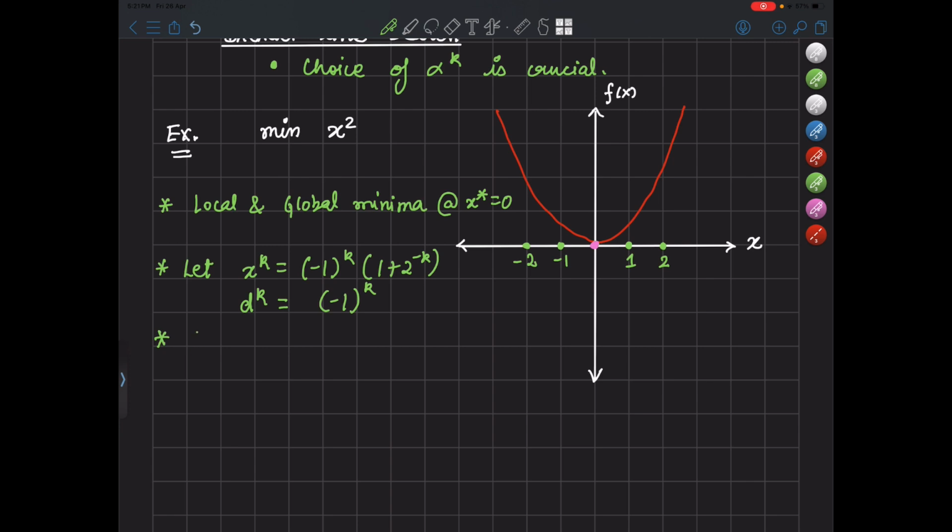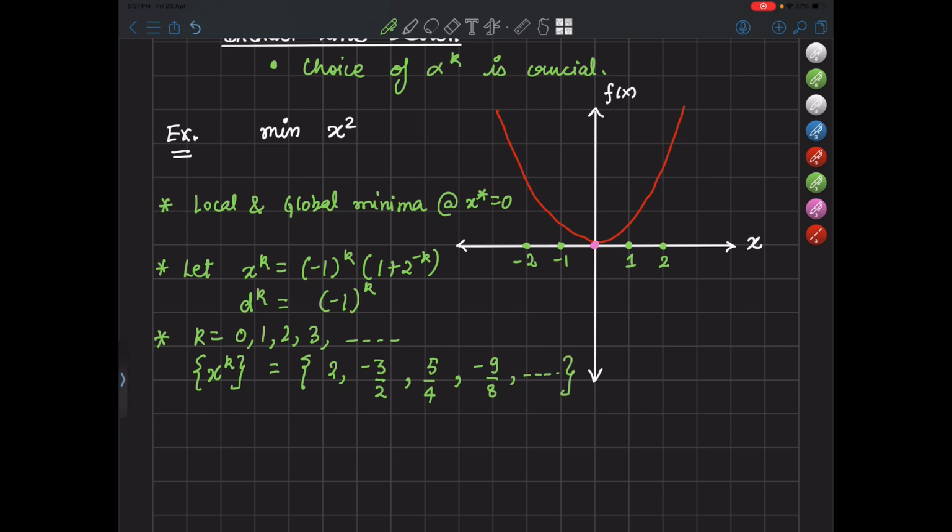For k equal to 0, 1, 2, 3, and so on, the values of xk are 2, minus 3 by 2, 5 by 4, minus 9 by 8, and so on.